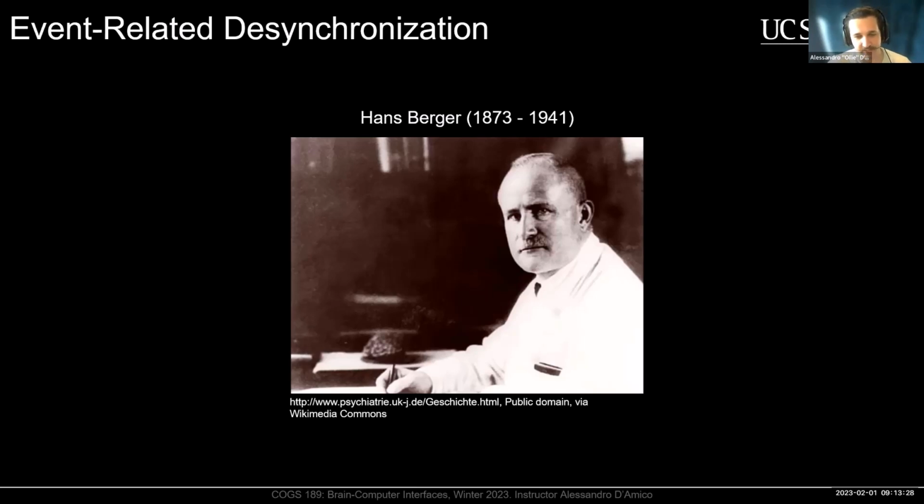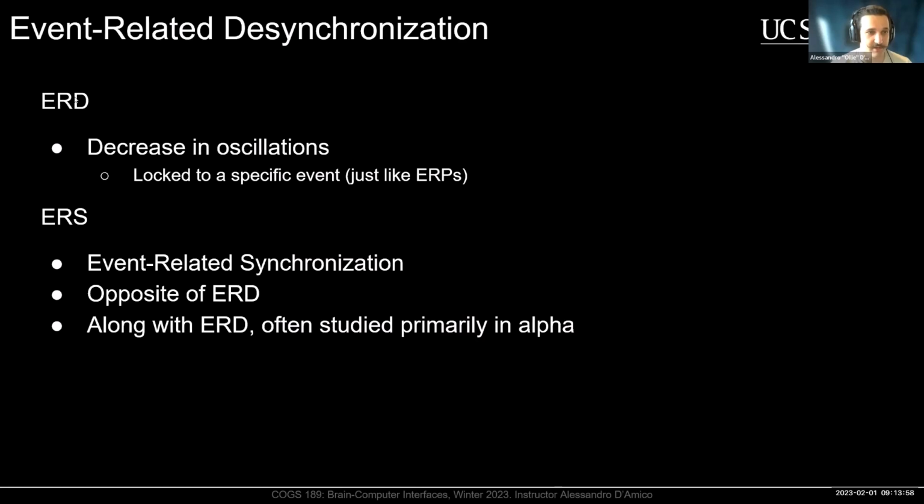Now, depending on how deep in the brain you look, this event-related desynchronization is also coupled with an event-related synchronization in the lower parts of the brain towards the thalamus. So it's not like all the brain is completely desynchronizing. When we see it at the cortex, we're seeing this ERD, but there's also a corresponding ERS at other parts of the brain sometimes. So the ERD, event-related desynchronization, is a decrease in oscillations.